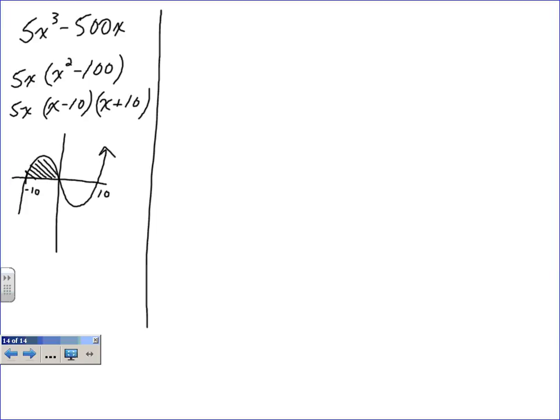Maybe we'll get a problem that looks like this, and I'll tell you to factor it. x cubed minus 2x squared minus 9x plus 18. I got four terms there.